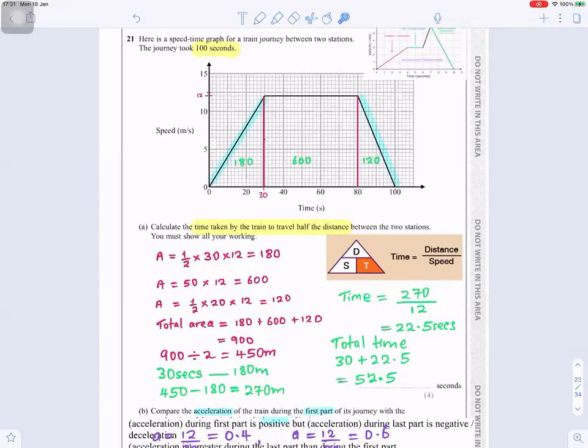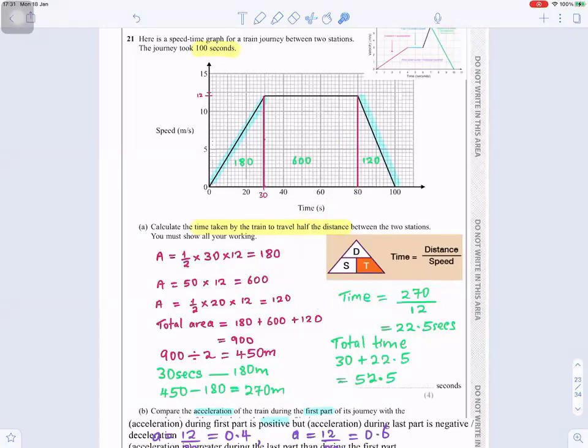The area for this middle part, the rectangle, is 50, which is the base, between 30 and 80, that's 50, times the height, which is 12. That gives you 600. And the area of the last triangle is 20 for the base, times the height, which is 12. So that gives us 120.